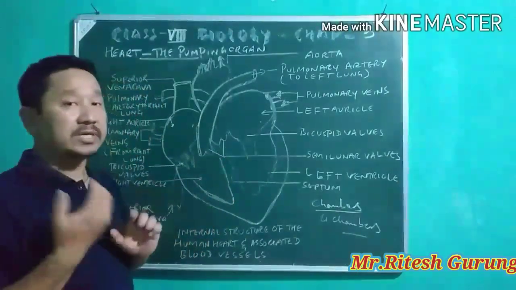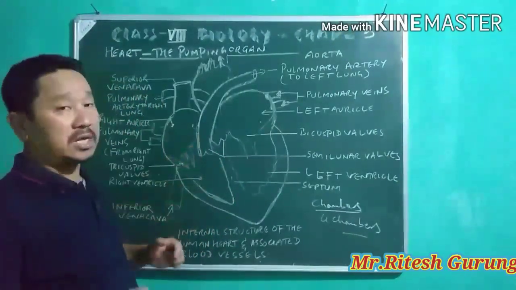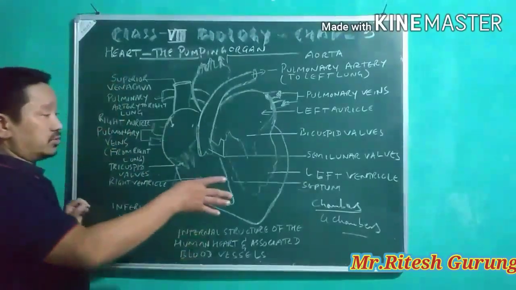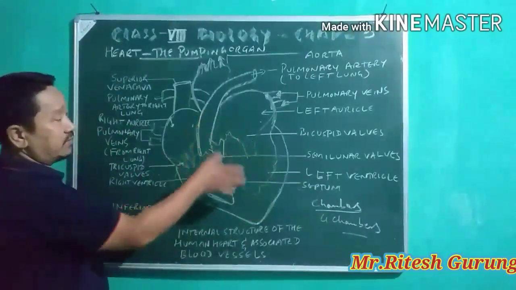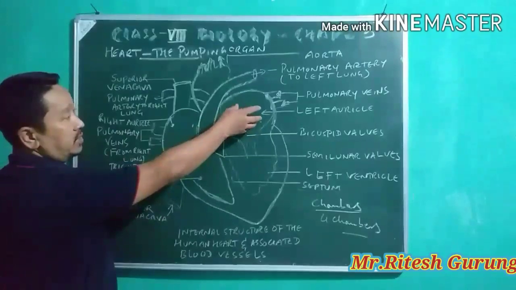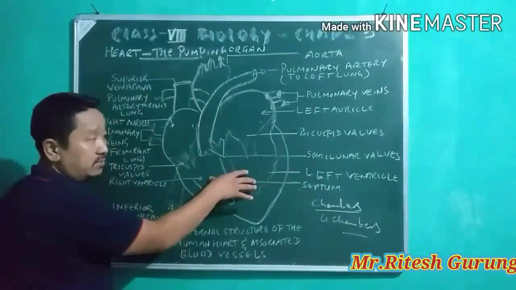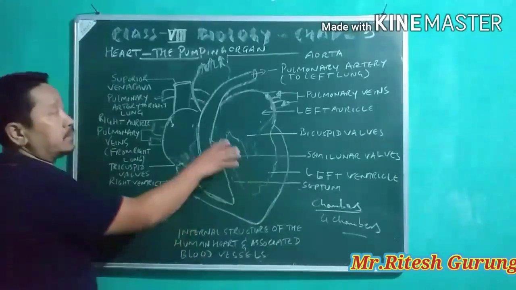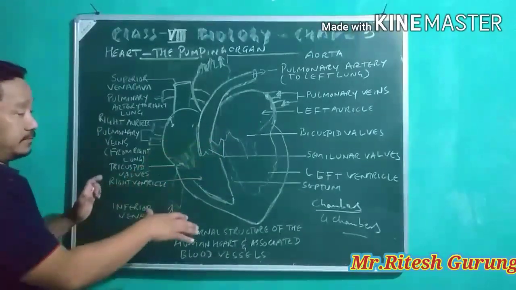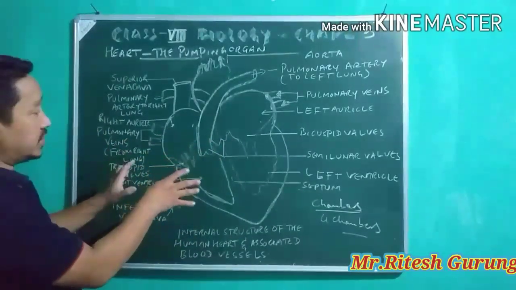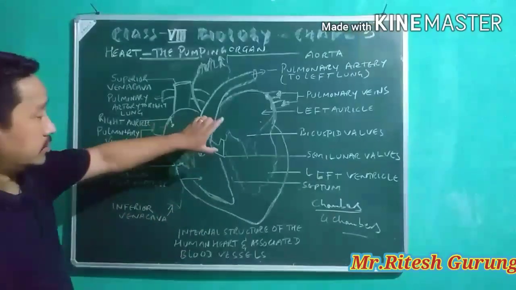First, let me tell you the structure and the function of this. We're talking about the four chambers, and from the upper chambers the blood flows down to the lower chambers, that is, your ventricles.